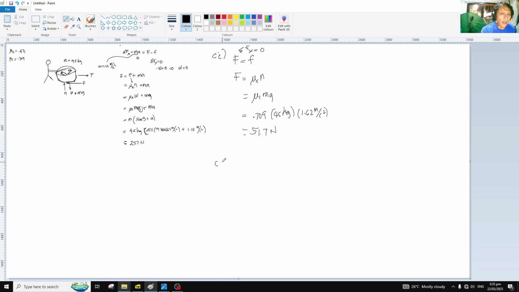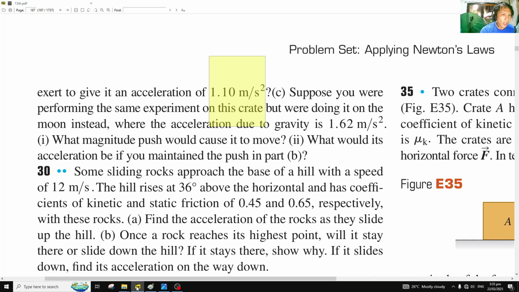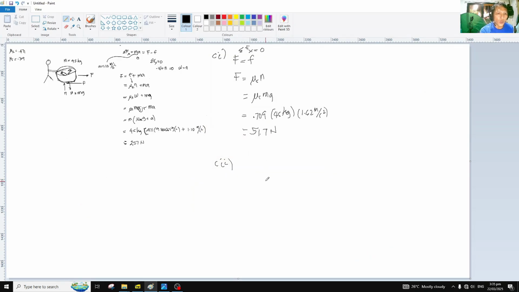And then for letter C-II, I think we are asked to find the acceleration. What would its acceleration be if you maintain the push? So if you maintain that push, the summation of forces on x will now make an acceleration. That summation of forces on x is force minus F. So therefore your F is equal to F plus ma.